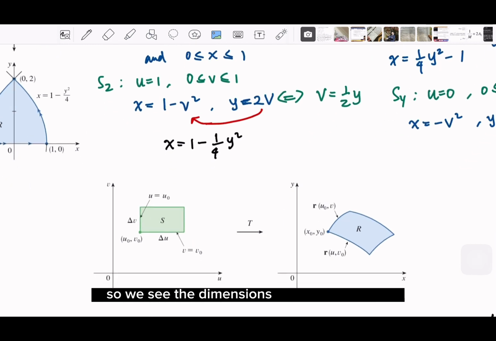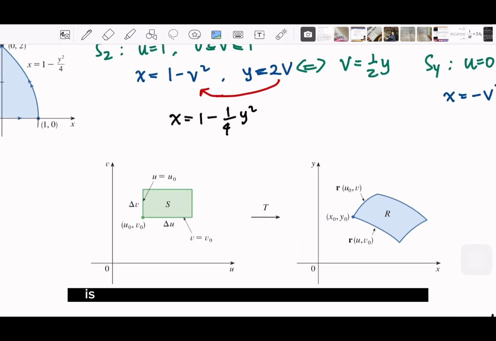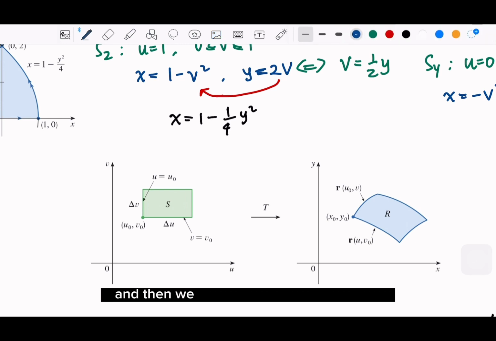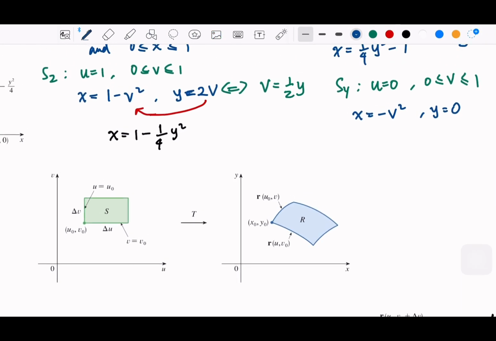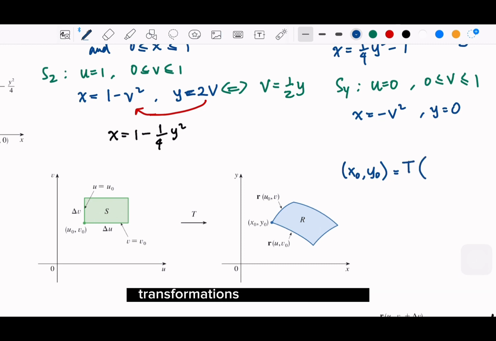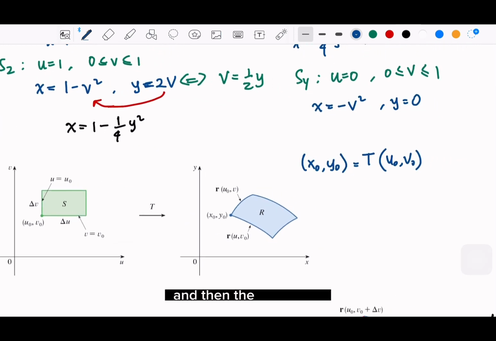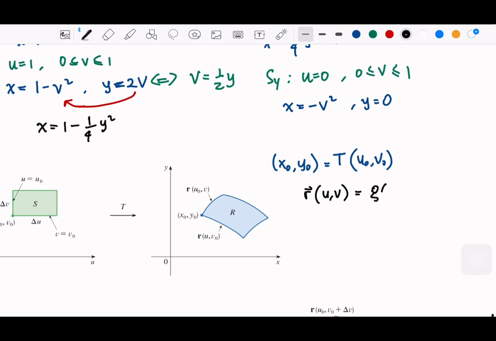So we see the dimensions we are given for S is a small distance delta U and delta V. Okay, and then we have a transformation where X and Y are a result of the transformation from U and V. Okay, and then the vector r of u, v, this is a vector position.